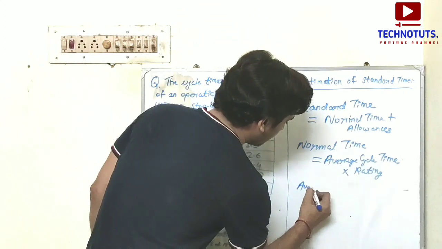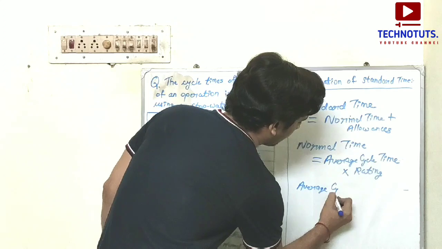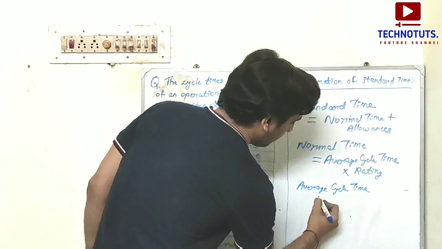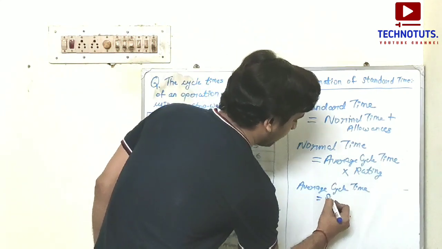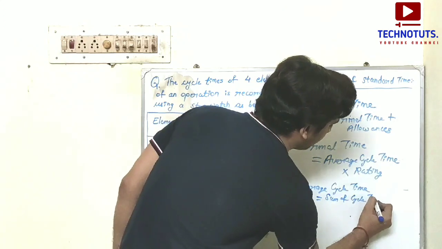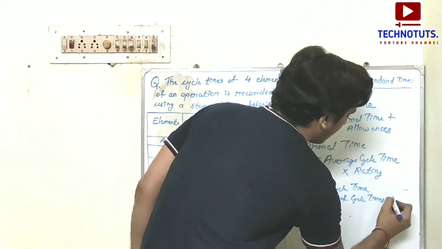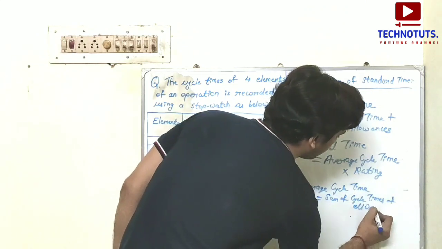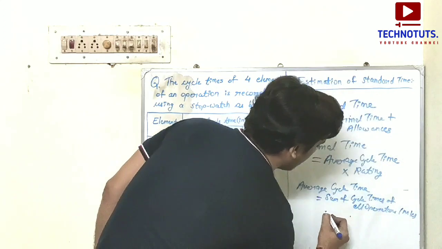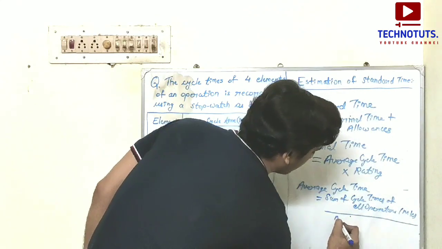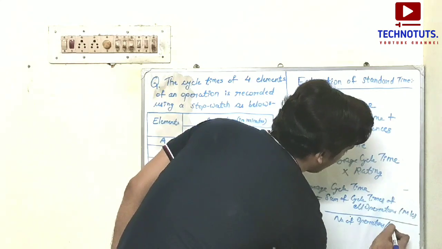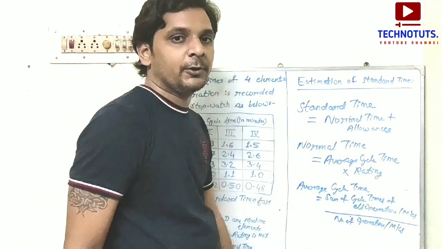Now, how can we calculate the average cycle time for any operation? Average cycle time is equal to the sum of cycle times of all operators or machines, divided by the number of operators or machines used during the operation.